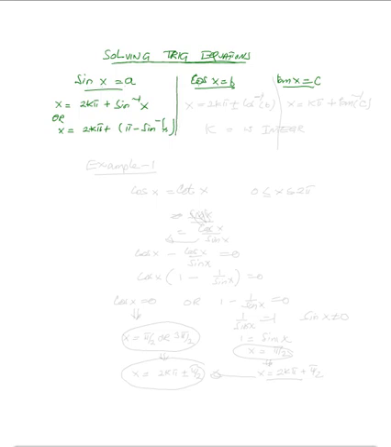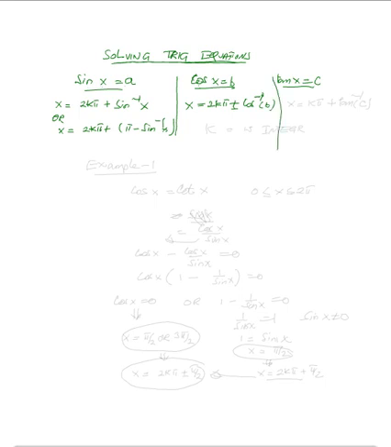In the case of cosine of x equals b, we said the solution for x is 2k pi plus or minus cosine inverse of b.